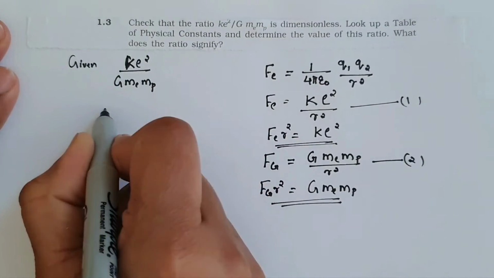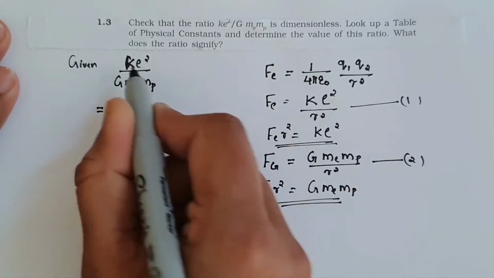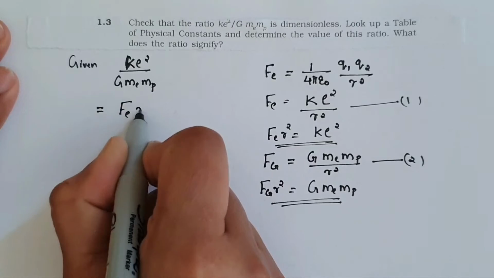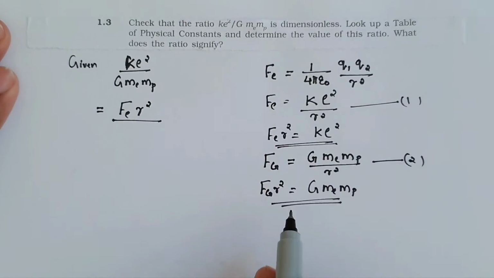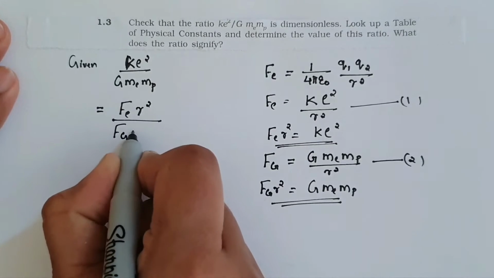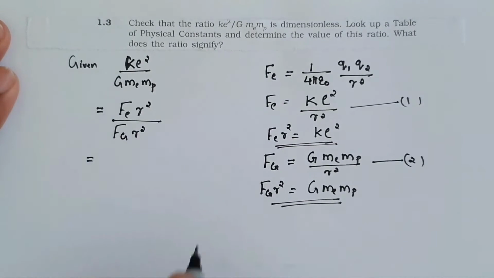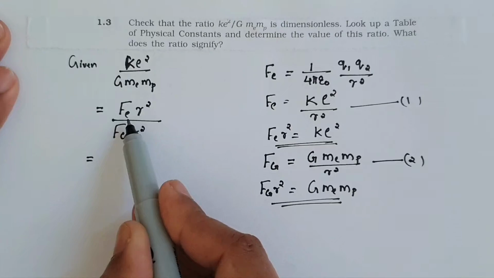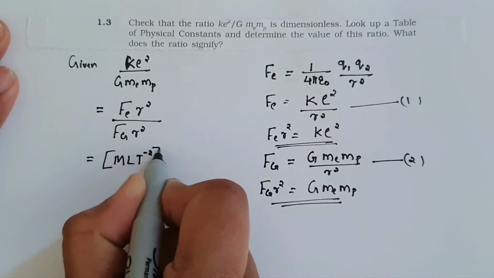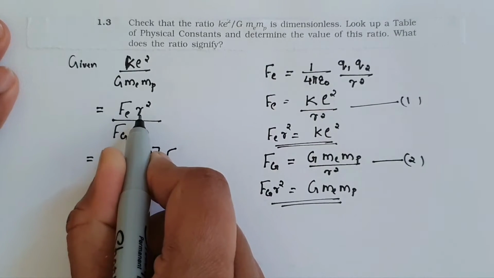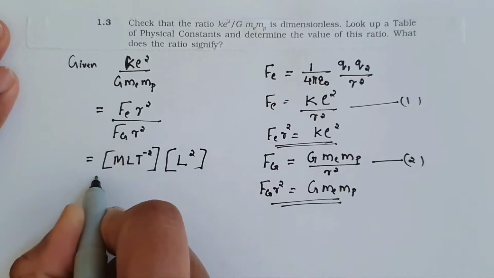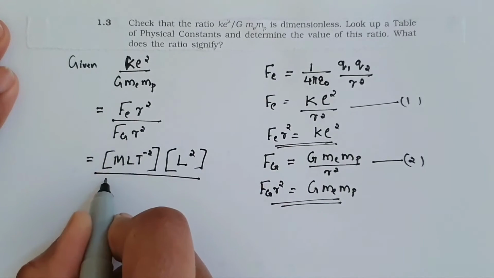Now substitute the values. This is equal to k e square, that is Fe r square, divided by G Me Mp, that is Fg r square. Now what is the dimensional formula for force? It is M L T^-2, into r, that is distance, it is L square, divided by Fg, it is force.